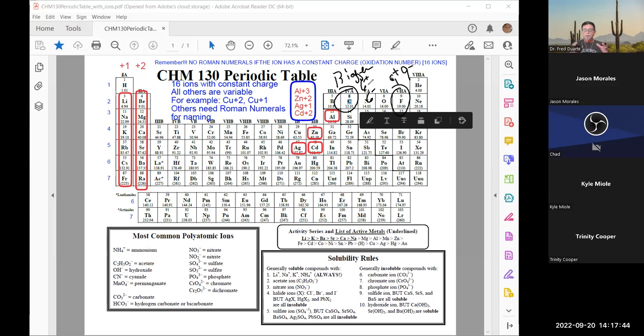With fluorine having more nuclear charge, it's pulling everybody in much tighter. And that's true as we go across the periodic table. The radius gets smaller as we go across the periodic table because the nuclear charge gets bigger.